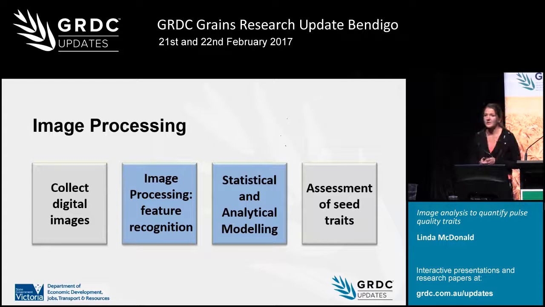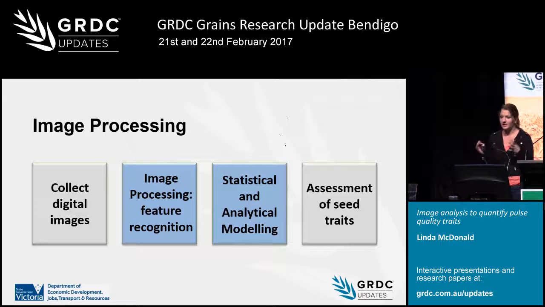So image collection is the first step, but what I spend most of my time on are these 2 middle steps. First of all, image processing, that's getting features out of the image, looking pixel by pixel through the images to find patterns, I guess, in the pixel values, and dimensions of the seed and whatnot.